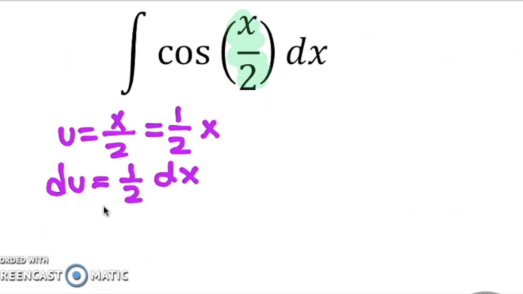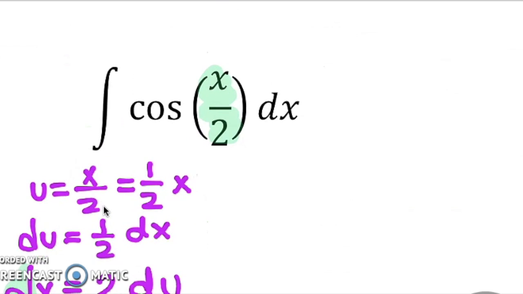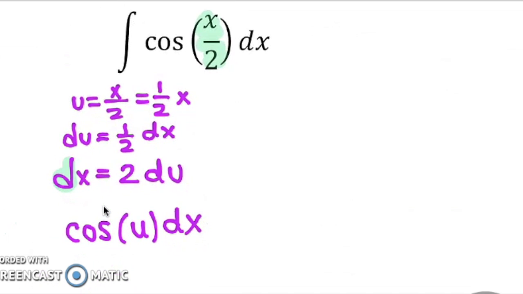So now I'm going to solve for dx. So dx equals, multiply both sides by 2, 2 du. And now let's substitute. So this would be cosine of u dx, which is the same as cosine of u times 2 du.